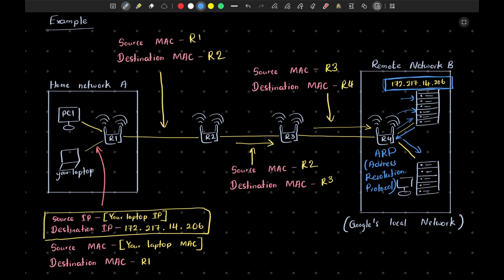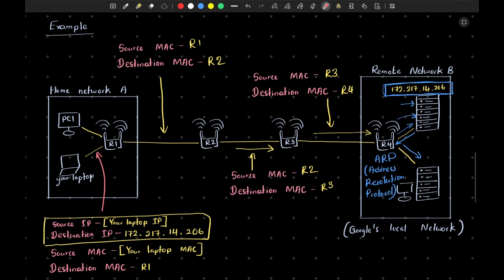That's how data from one network goes to another network over the internet. Now I think you have a better idea of the contribution of MAC addresses and IP addresses in networking, and how they contribute in sending a message or data from one point to another over the internet.